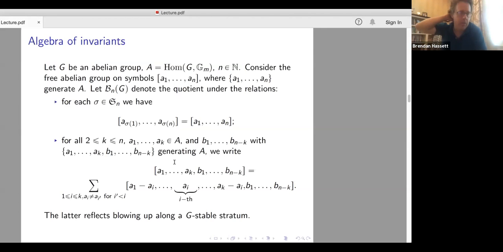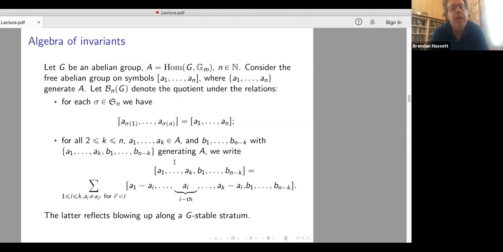We are going to let n be the dimension throughout, a positive number. We introduce a free abelian group on the symbols I wrote down before. These are symbols a_1 through a_n, where I choose the characters in such a way that they generate the group A. Then I want to construct a group B_n(G).